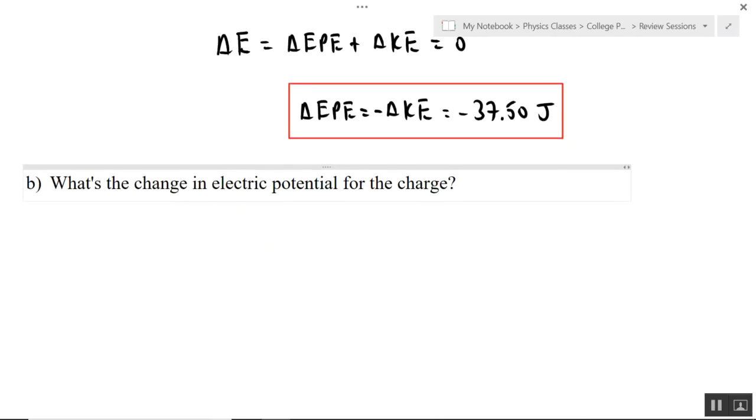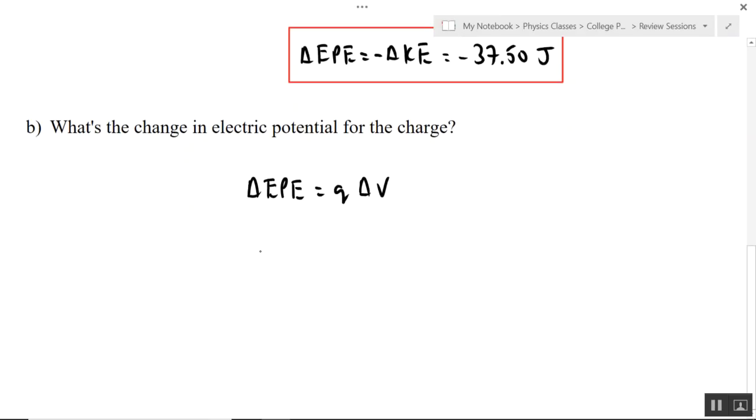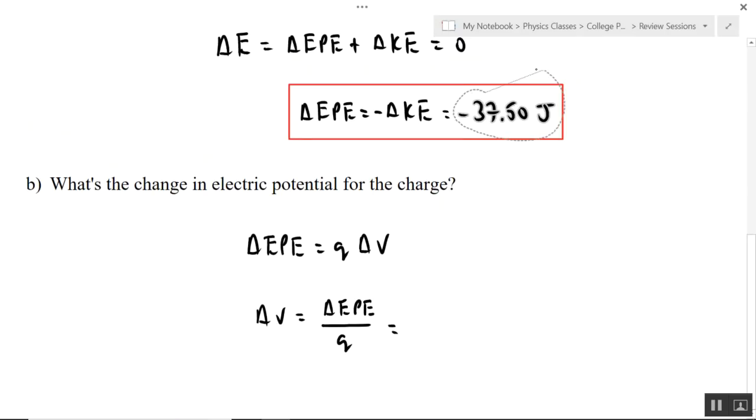1.875, yep. It's because delta EP is the charge times delta V. So delta V, which is what I'm asking, is the delta EPE divided by the charge, but there are no absolute values. In any of these equations, the delta EP can be plus or minus, and obviously it's negative here.